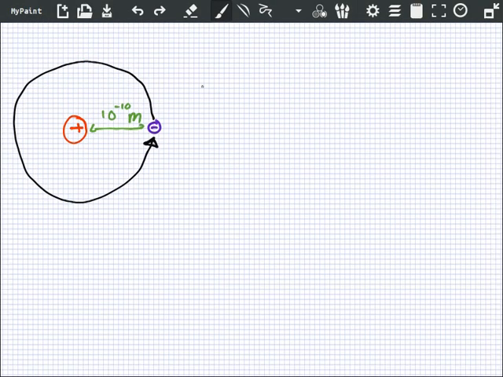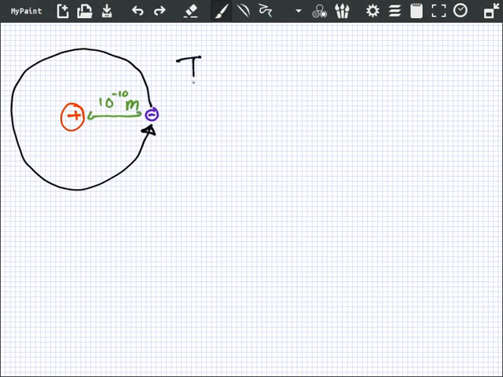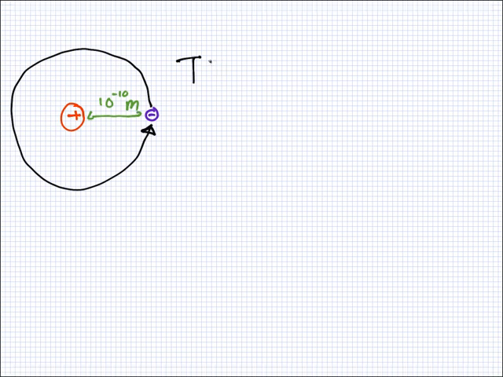Look up, guys. The time is 2 pi over omega, right? That was one formula. And F equals m omega squared r. Or I think in the formula book it was F equals ma and a equals omega squared r.